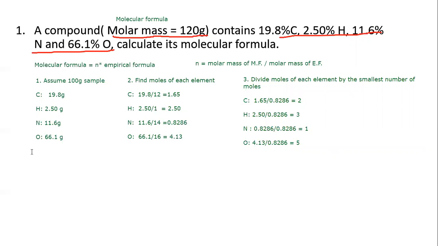So the empirical formula would be C2H3NO5. And then we calculate its molar mass. So 2 times 12, 3 times 1.